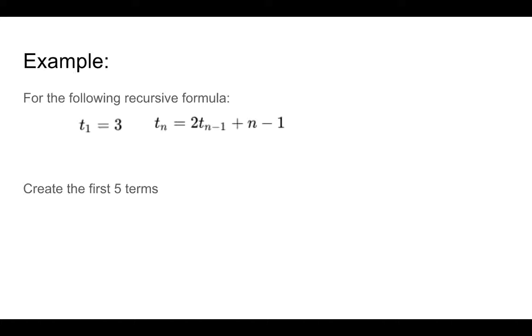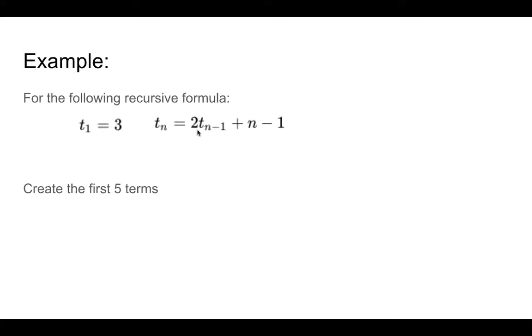Another one, you have to create the first 5 terms. One piece of advice here is to not look at subbing in 2 for n to get the second term. It does work, but also just look at tn minus 1 as the term before.